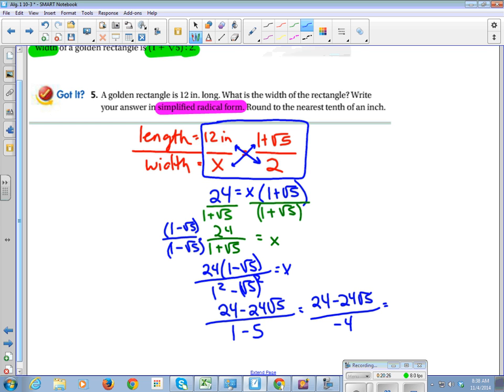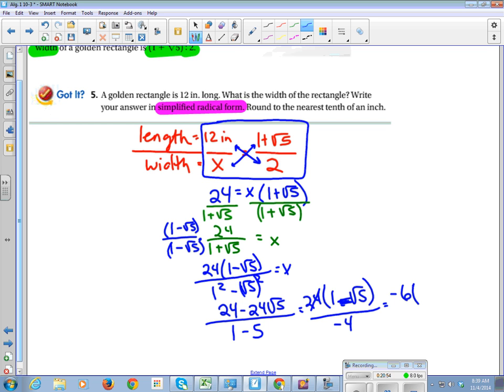And 4 goes into everything. So if I rewrote this, I can see that 24 divided by negative 4 will give me negative 6.